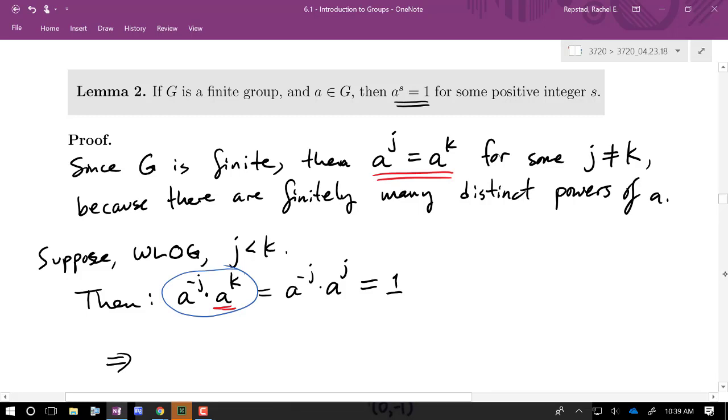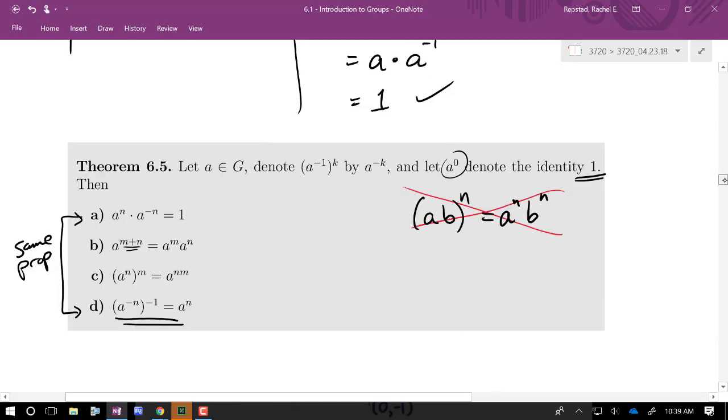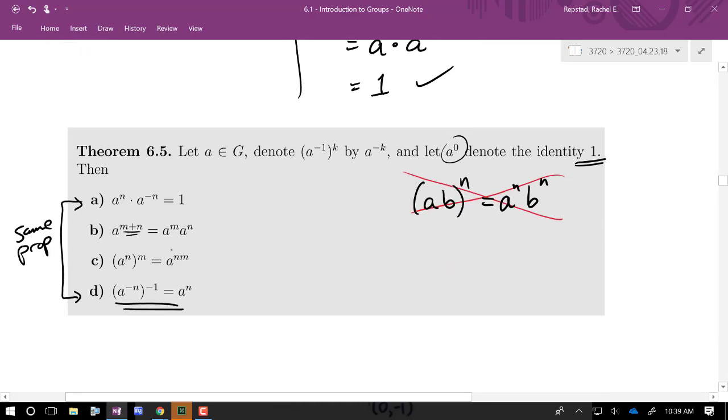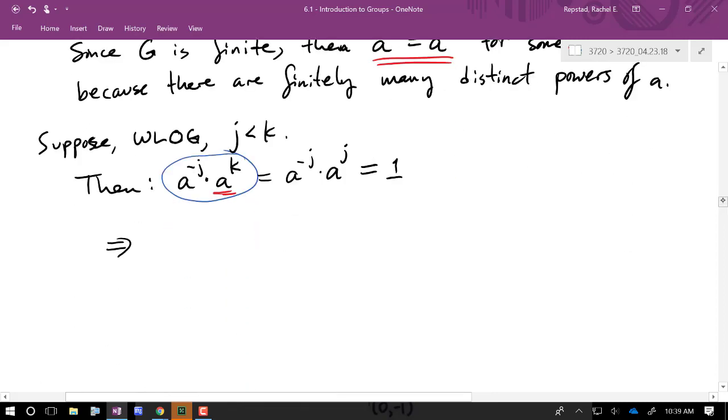If we look back on the previous page, using this property, in this direction we have a product, so we can write it as a single power of A. So this is A to the K minus J, which is equal to 1.